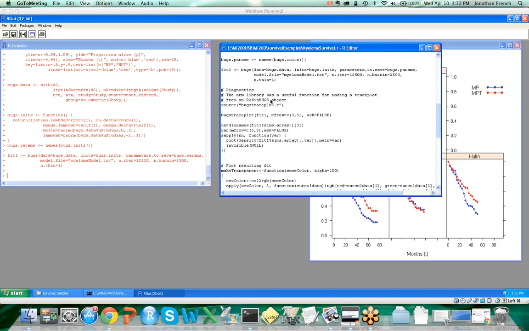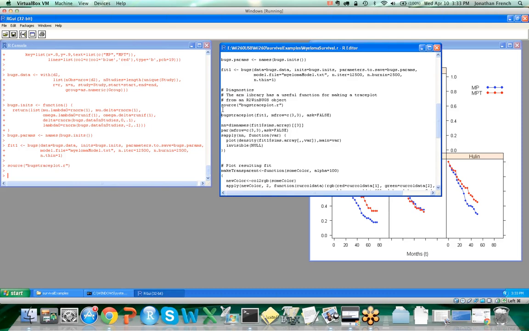There is one function, if anyone uses the ARM library, a library that goes along with the multi-level regression modeling book by Jennifer Hill and Andrew Gelman. They have a pretty useful function in there called traceplot. I've exported that function here, and I've included it as source code in the files that I've provided to you, so you don't have to have the ARM library if you don't already have it.